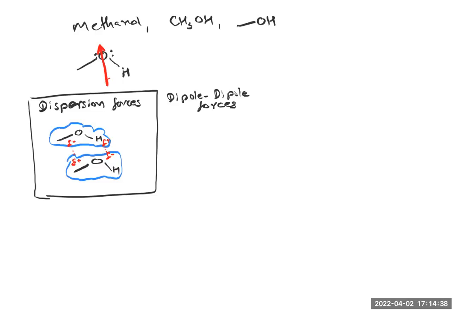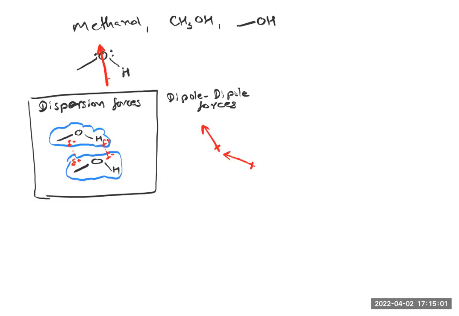So here's one dipole. Here's the head, here's the tail, and this tail is kissed by the head of the dipole of the other molecule. So this is a dipole-dipole interaction, but we need to draw the molecule now.